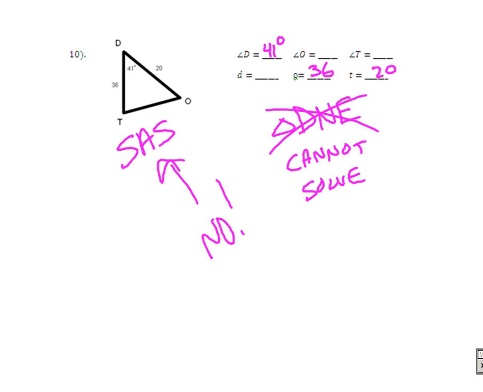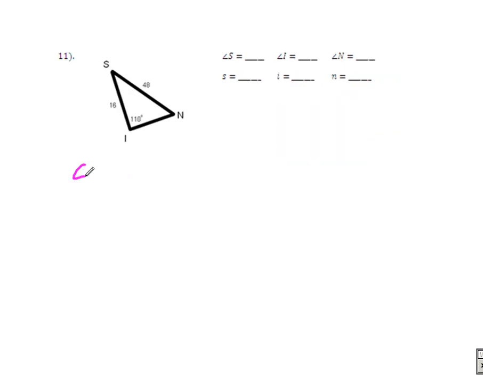Number 11, another side side angle. But this one you should know immediately that there's only one possible answer, and that's because of our angle 110 degrees here. So what we are given in this one, angle I 110, side N 16, and side I is 48.